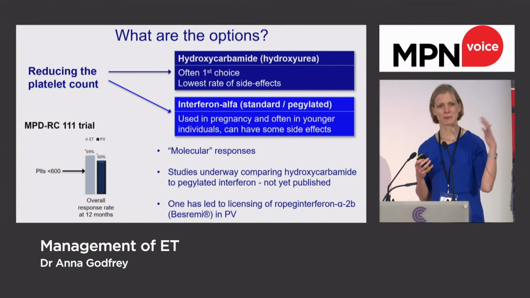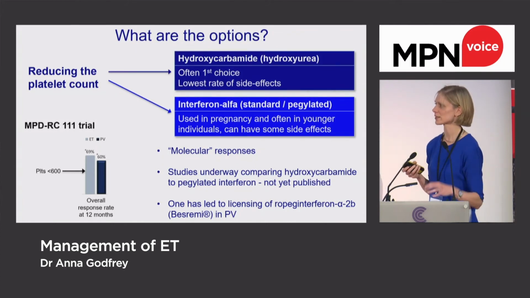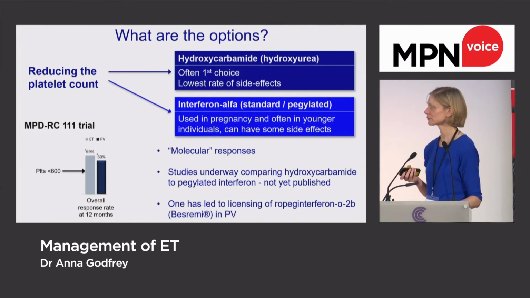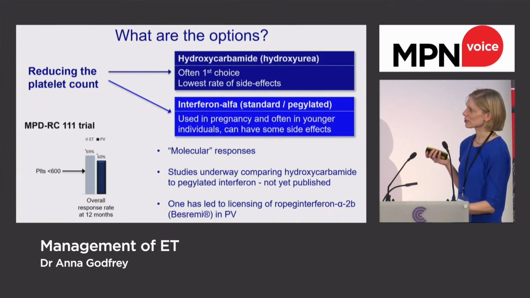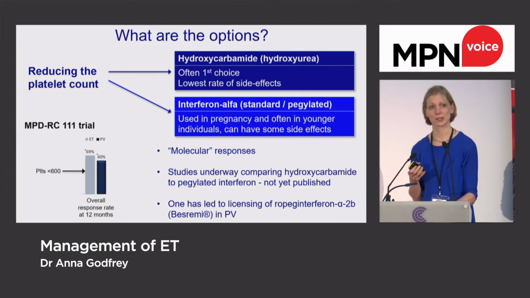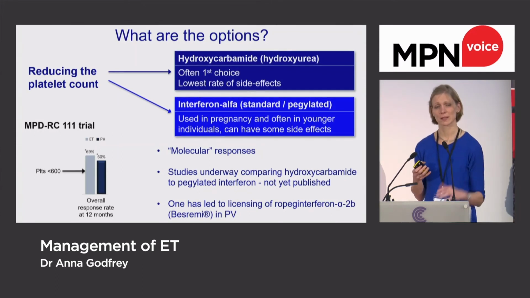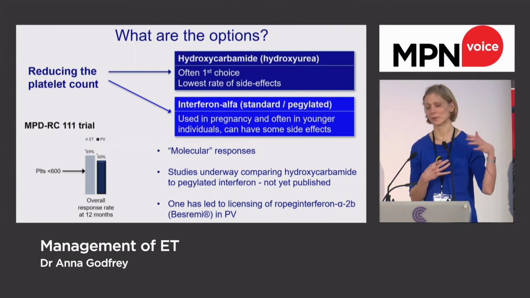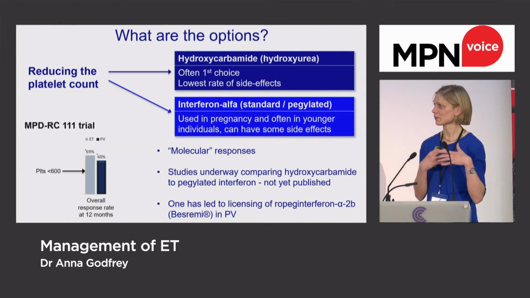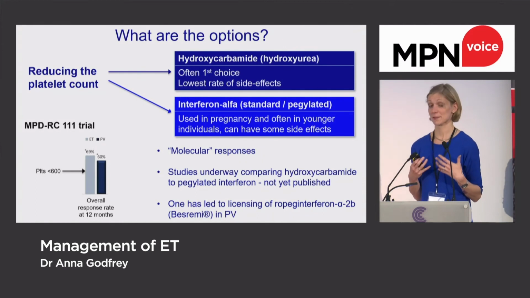That means at a minimum, their platelet count had got down to less than 600 after a year. As Jean-Jacques mentioned, one of the attractive things about interferon is that we see, at least in some patients, what are called molecular responses. That means that when we measure the proportion of cells in the blood that have the JAK2 mutation or the CALR mutation, that seems to decrease over time. And that's certainly very interesting.